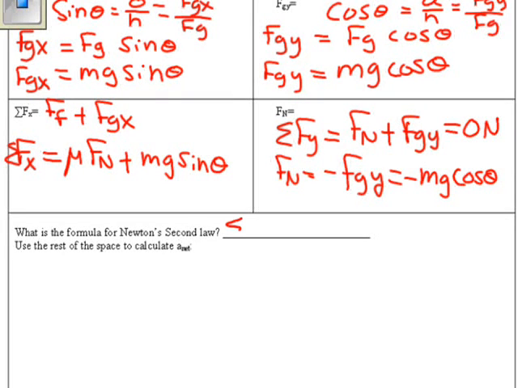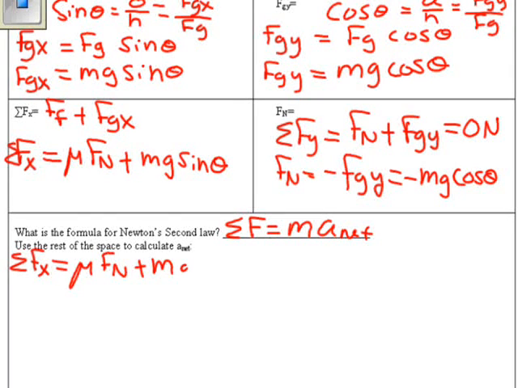Now here I've asked the question to get you to think about how to solve for a net. Newton's second law says that the sum of the forces is equal to mass times the net acceleration. We already know that the only direction it's accelerating in is the x, so we're going to use the sum of the forces in the x direction, which we have solved for above. This equals our m a net, a net acceleration in the x direction.